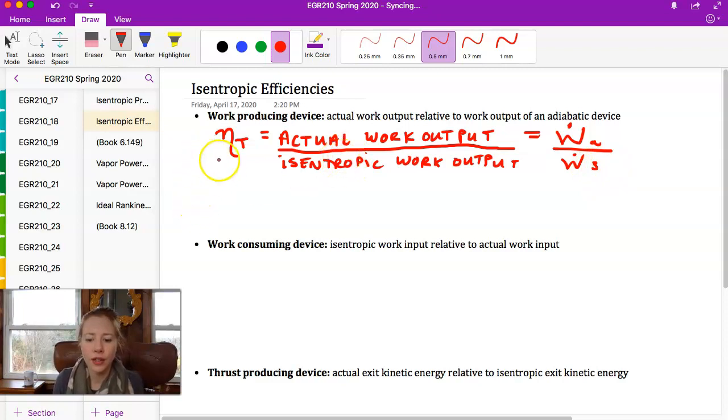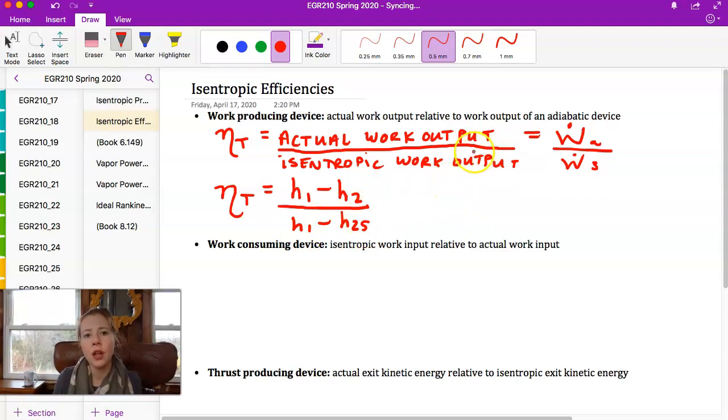Another way this can be computed, since this is a control volume scenario, is by looking at enthalpy: h1 minus h2 divided by h1 minus h2 for an isentropic process.